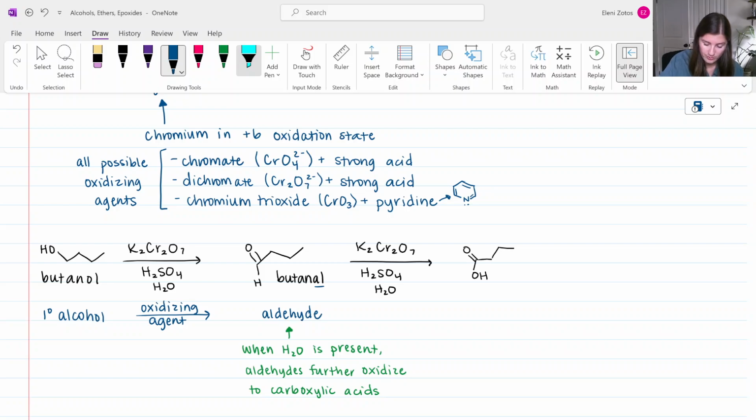Adding to the blue writing down here, we have the aldehyde. We add oxidation or oxidizing agent. And we continue to the carboxylic acid. This is butanoic acid.